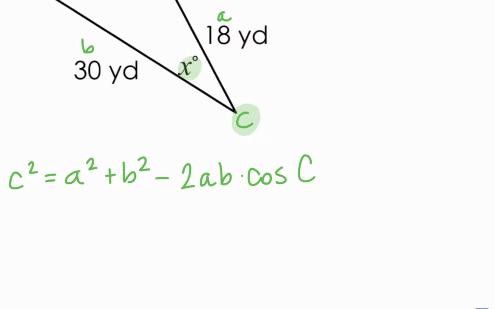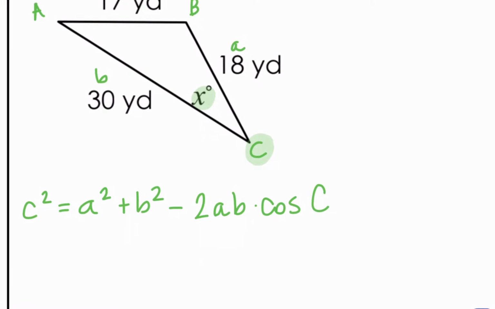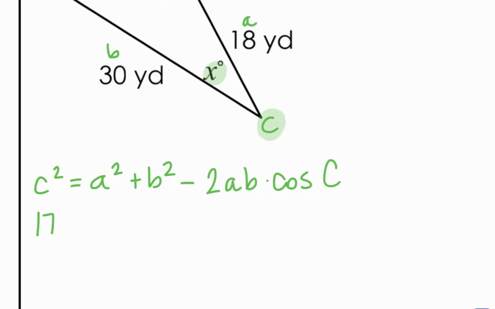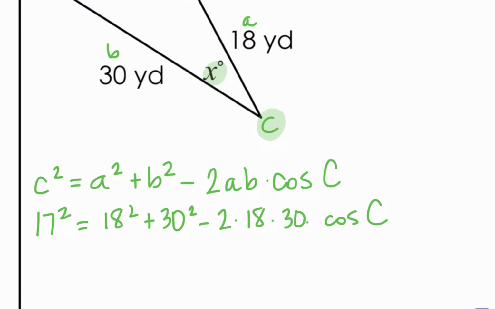Now let's fill in our numbers. C is 17. So that'll be 17 squared equals 18 squared plus 30 squared minus 2 times 18 times 30 times the cosine of capital C. Okay, so first thing is these first two terms.